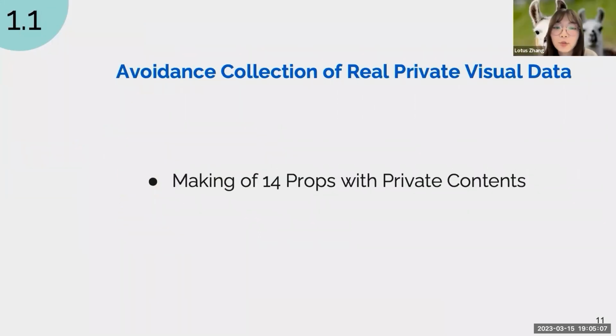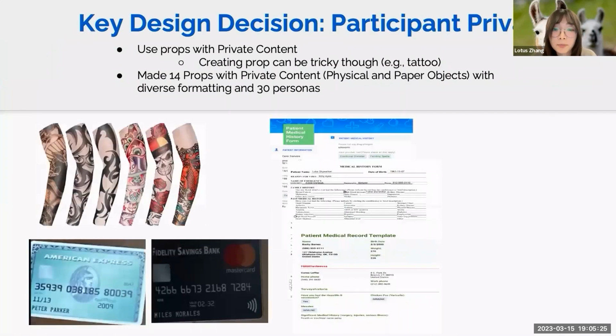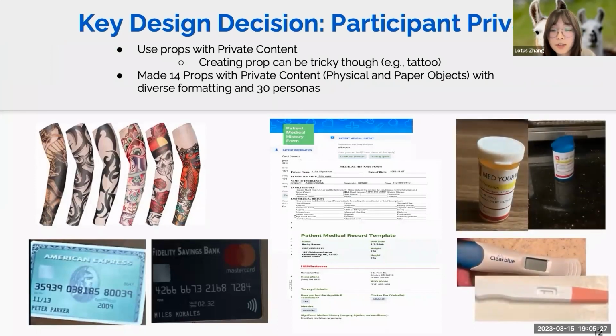Creating the 14 prop objects was a careful and really tricky process that involved balancing between making sure that no real private information is involved and that the prop objects are still representative of real private ones. For example, in selecting prop objects' appearance and content, we researched common visual features of different private objects and also used online templates as well as random information generators to produce the fabricated prop objects.